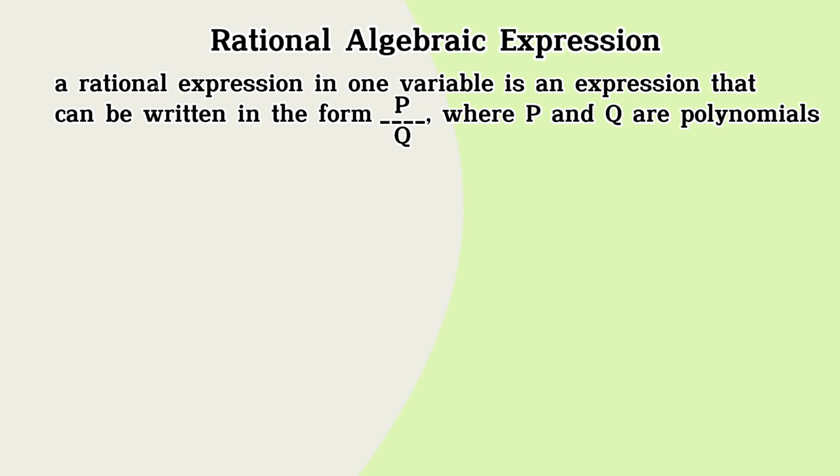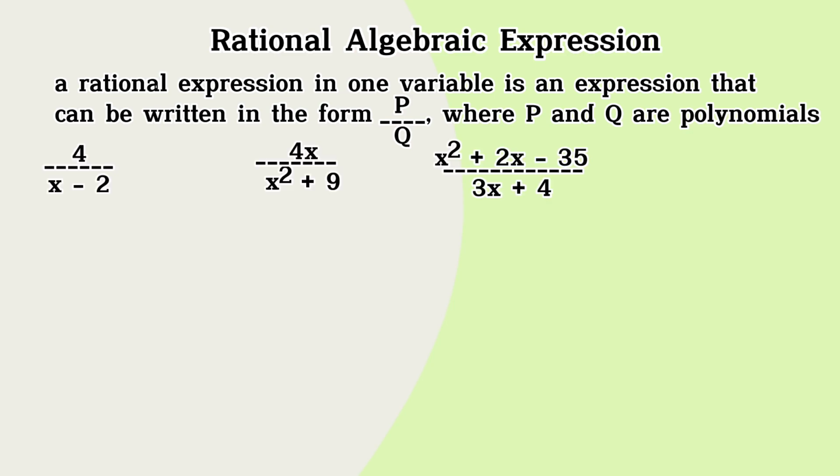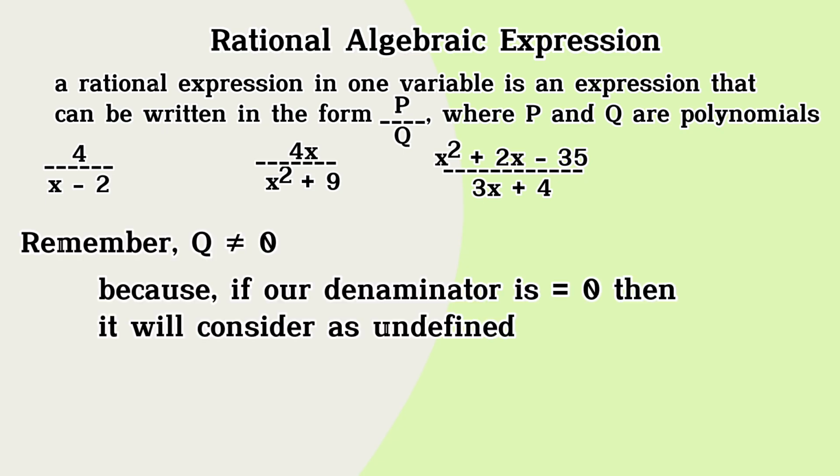So here we have some examples: 4 over x minus 2, 4x over x squared plus 9, x squared plus 2x minus 35 over 3x plus 4. Now remember that your Q, or the denominator, should not be equal to 0, because if our denominator is equal to 0, then this will be considered as undefined.